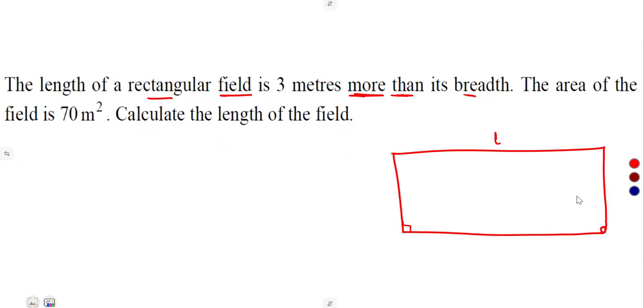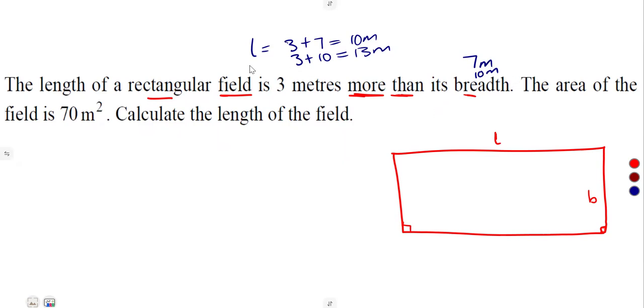Let's say the breadth is 7 meters. What will the length be if it is 3 meters more? It means 3 plus 7, 10 meters. If the breadth is 10 meters, the length will be 3 plus 10, 13 meters.